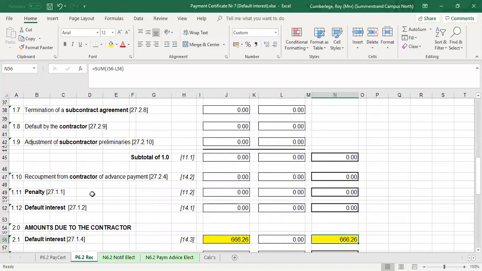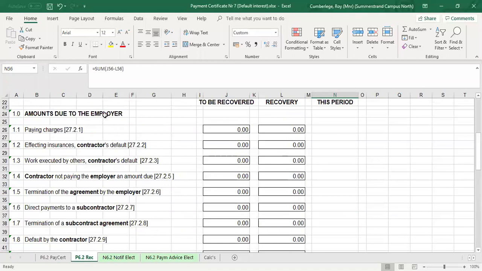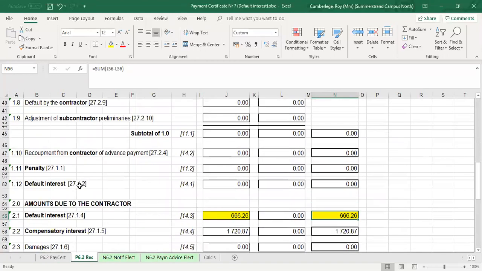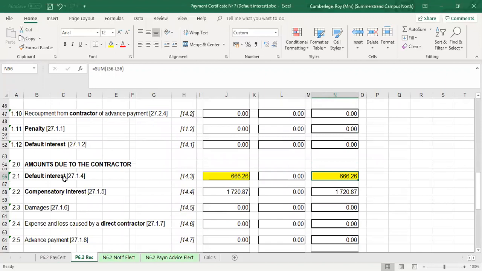Remember, there are two categories here: amounts due to the employer, and amounts due to the contractor. Default interest is due to the contractor. And we've also added in previously the compensatory interest. As we discussed, you'll have compensatory interest added to the final payment certificate as a norm. The default interest in this case was for the late payment of certificate number 6.